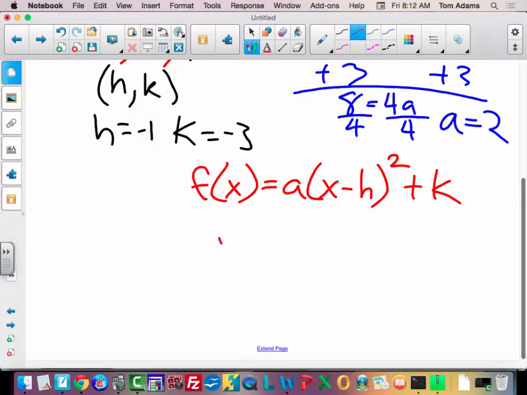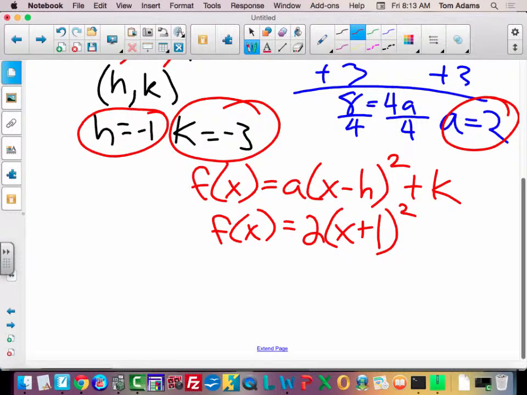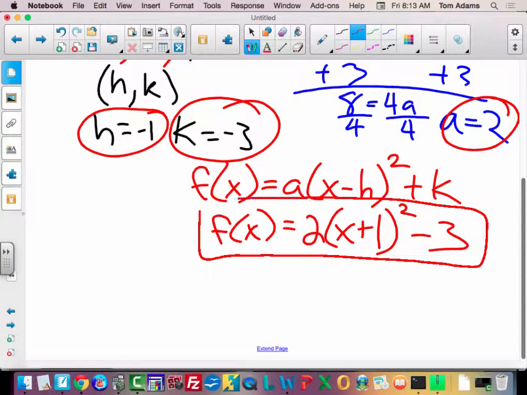And since I know all those terms, I can now rewrite the equation as f of x is equal to a, but a is equal to 2, so I'm going to put a 2 here, times the quantity x minus h, but h is minus 1, so when you minus a minus, it becomes a plus, squared. And then plus k, well, k is equal to -3, so plus -3 is the same as minus 3. And so this is your answer.